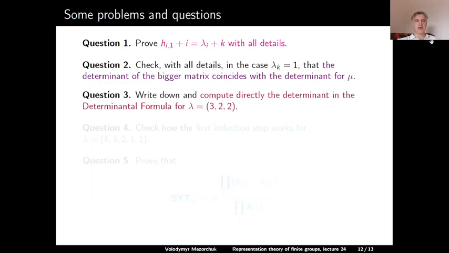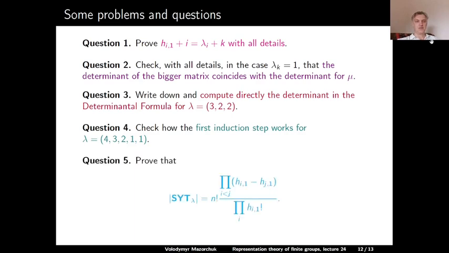Question 3. Write down and compute directly the determinant in the determinantal formula for lambda being the partition 3, 2, 2 of 7. Question 4. Check how the first induction step works for the partition 4, 3, 2, 1, 1.